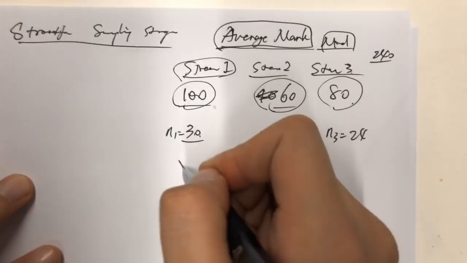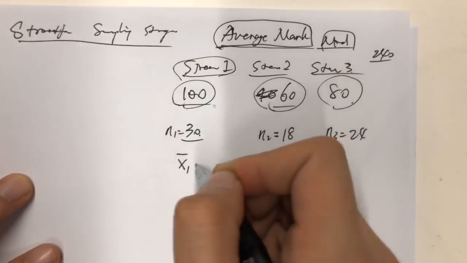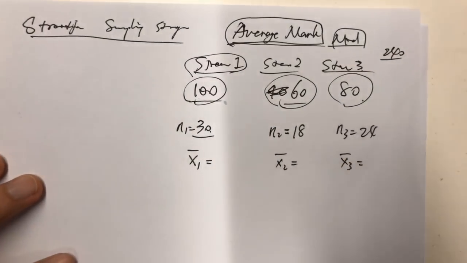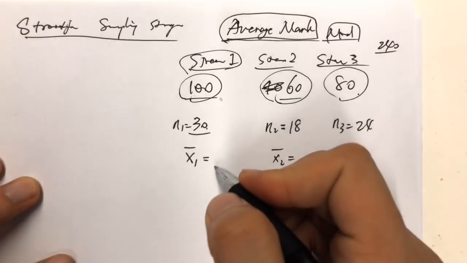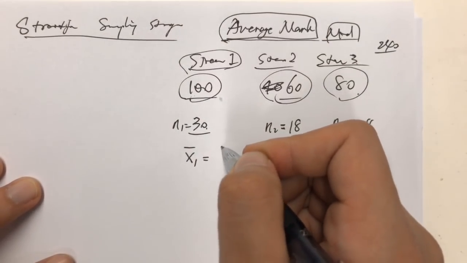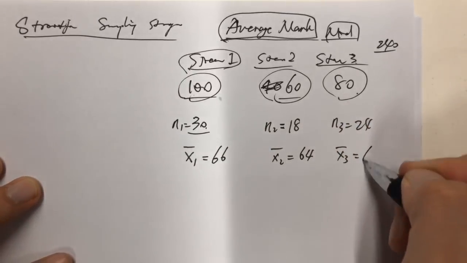My observed X1 bar, X2 bar, and X3 bar, let's just make up some numbers. X1 bar is observed to be 66, X2 bar is 64, and X3 bar is 65.